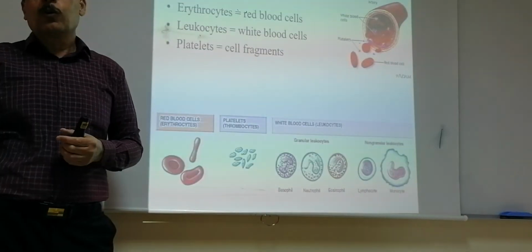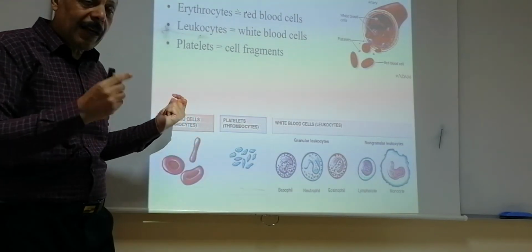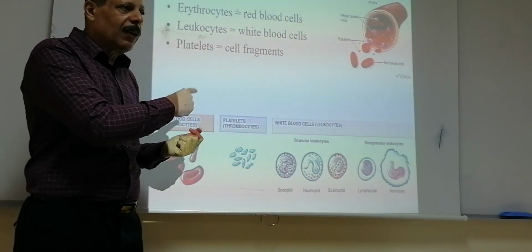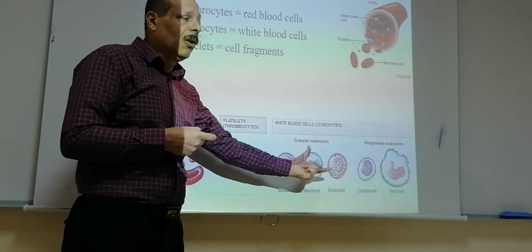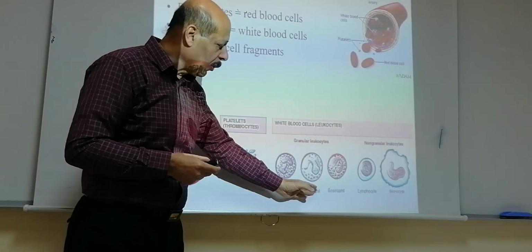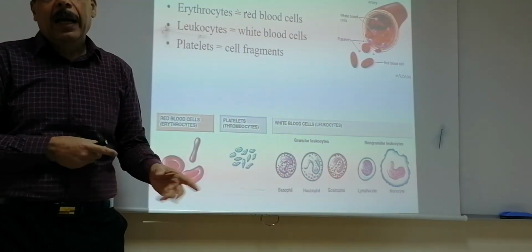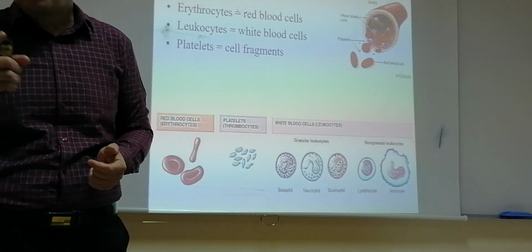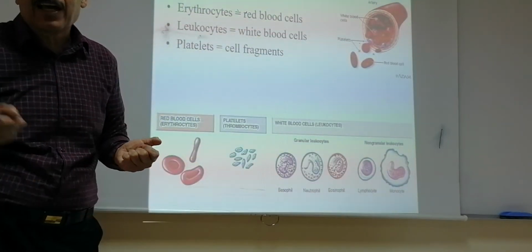When you do the CBC or complete blood count, you will find that they give you a number or a percentage of how much you have of basophil, neutrophil, eosinophil, lymphocyte, and monocyte. And all of those numbers, if they come up or come down, have a meaning.